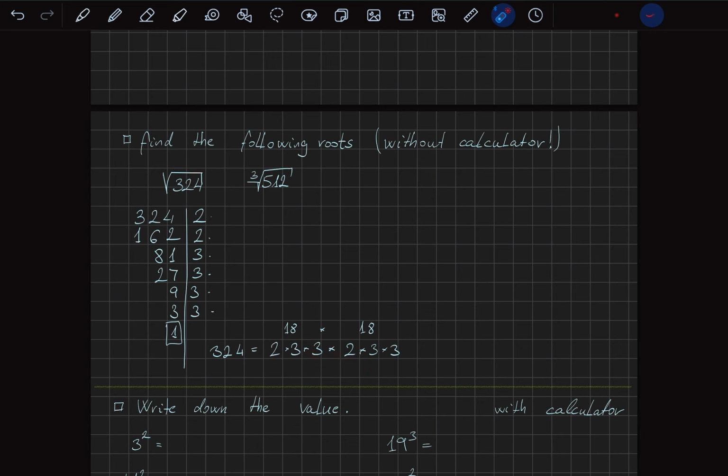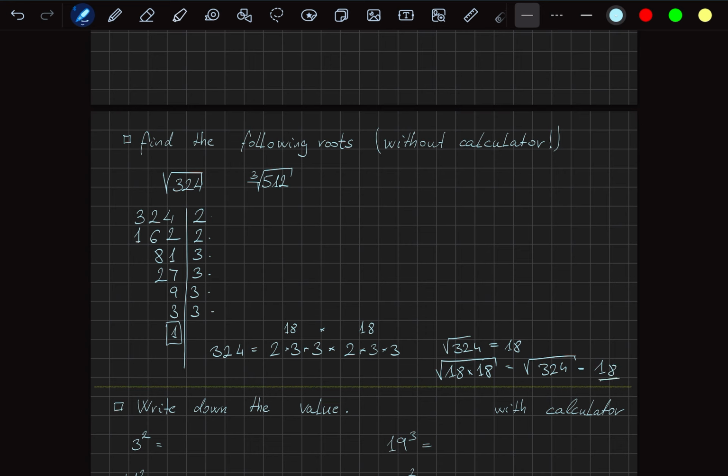If we can do this, we can find an exact, concrete square root. Okay, so here it will be 18, because 18 times 18 equals 324.